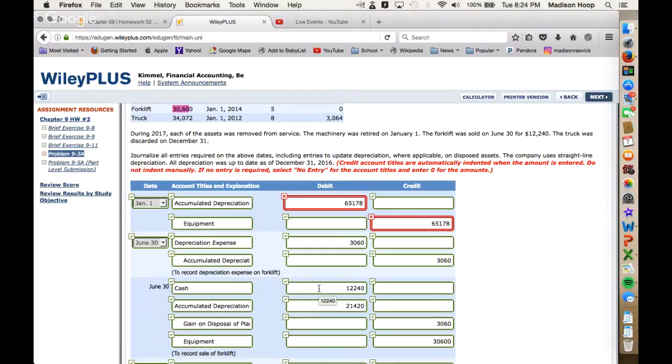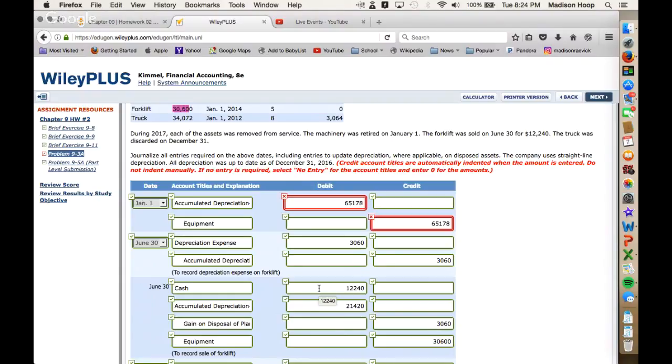So that makes it $21,420. Now, to figure out if it was a gain or loss on disposal, you take the cost that we purchased the equipment for, which is $30,600, and subtract the accumulated depreciation from that, which in my case was $9,180, which would be the book value on the books.